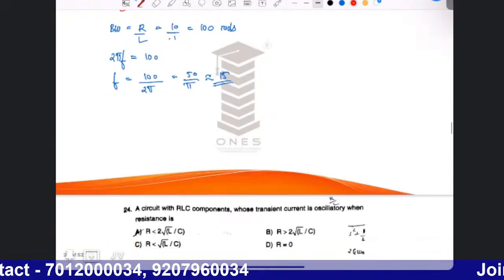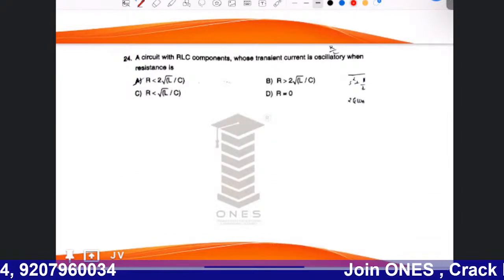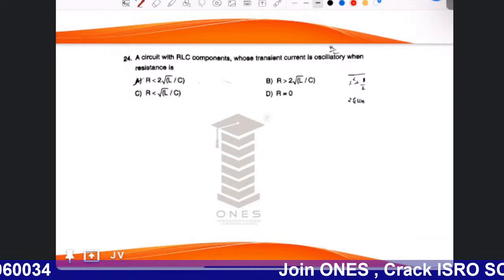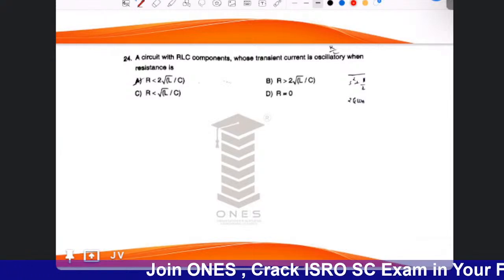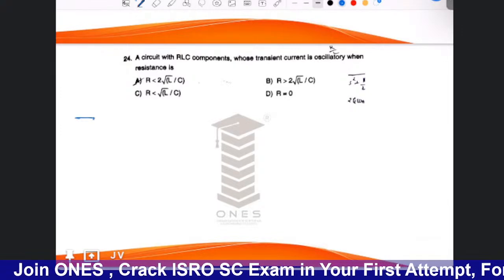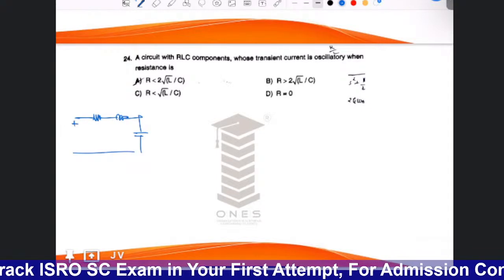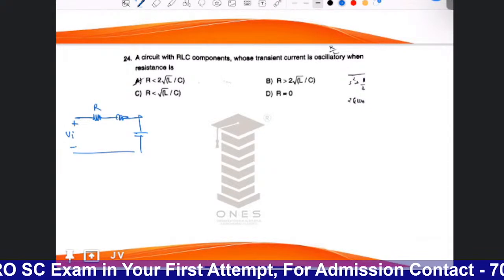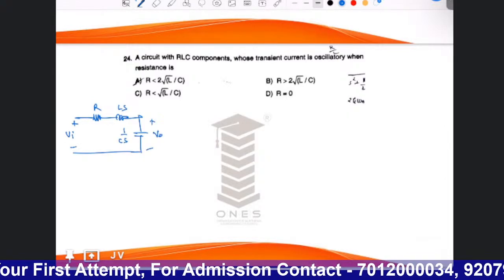Next, a circuit with RLC components whose transient current is oscillatory when resistance is. See, നോക്കുക, ഒരു സീരീസ് RLC സർക്യൂട്ട് ആണ്. ഇത് ഇൻപുട്ട് വോൾട്ടേജ്, R, LS, 1 by CS. ഇത് ഔട്ട്പുട്ട് വോൾട്ടേജ്.